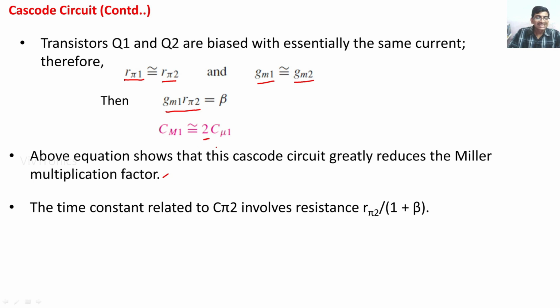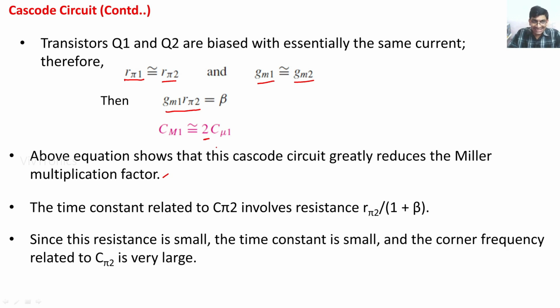The time constant related to Cπ2 involves the resistance rπ2 divided by 1 plus beta. Since this resistance is a very small value, the time constant is a small value, and the corner frequency becomes very large.